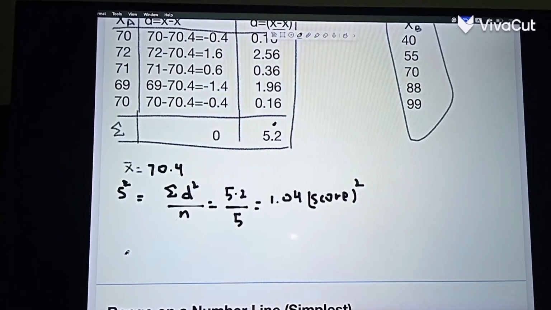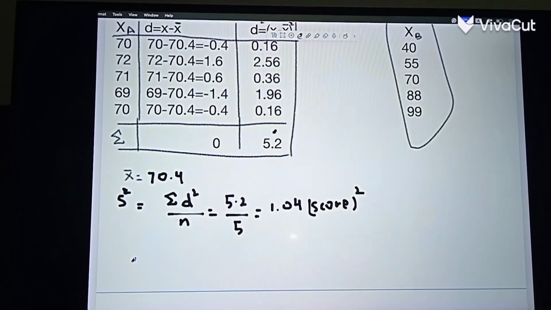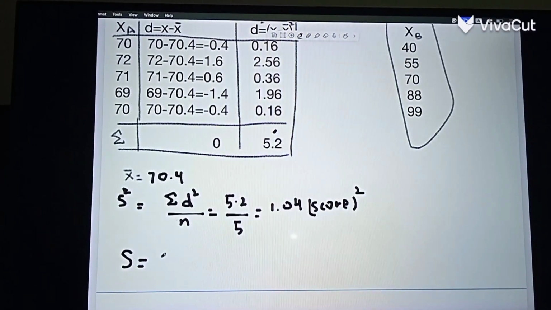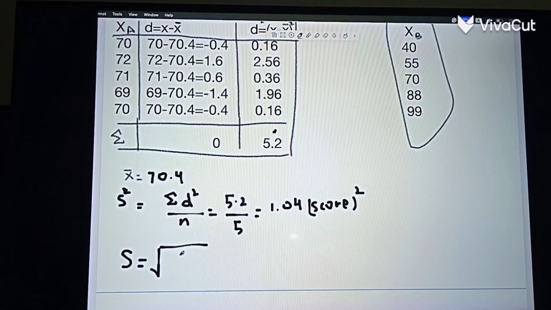Next I will take the standard deviation. The standard deviation is represented with capital S, and this is the positive square root of the variance, s square.